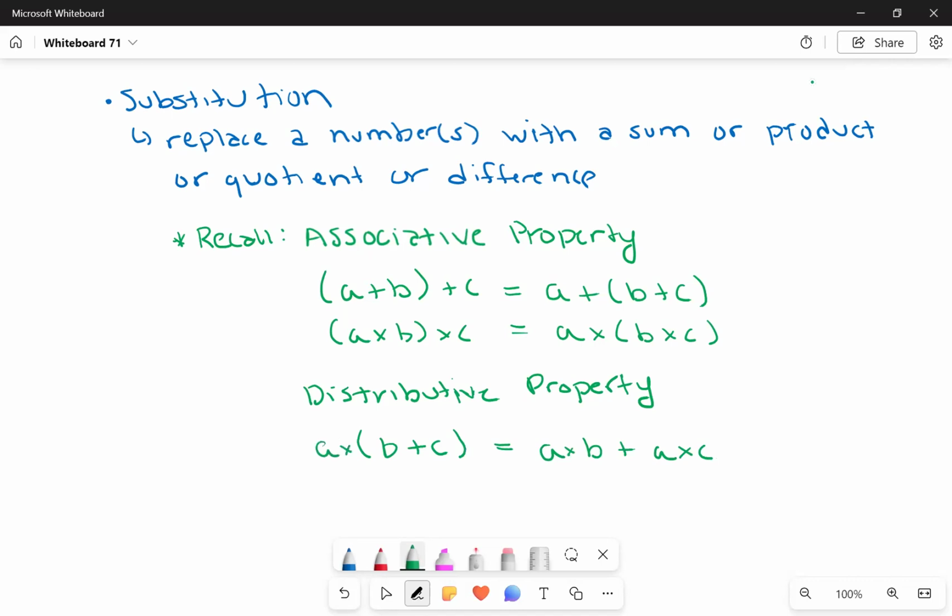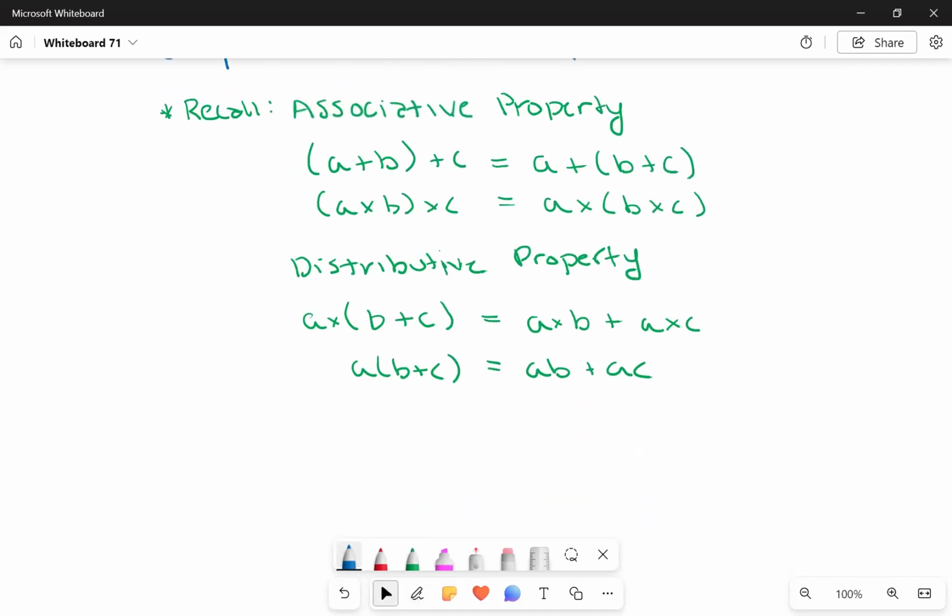You could put a little times symbol there if you want to see it. But in math, when we put the A next to the parentheses like that, that does mean multiplication. I think most of us probably remember that. The simplest way of writing this, which if you've taken some sort of algebra you probably have seen, is without the multiplication symbols, but we know that all of those mean multiplication. So we rewrite something so that maybe we can use one of these properties and make our life a little bit easier.